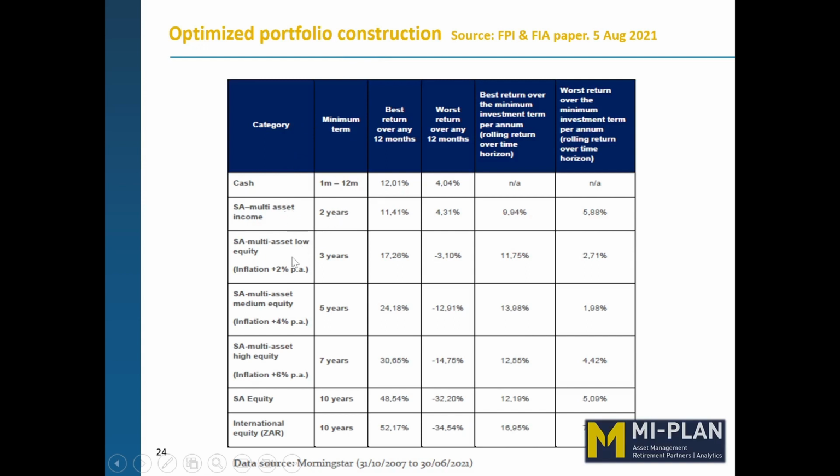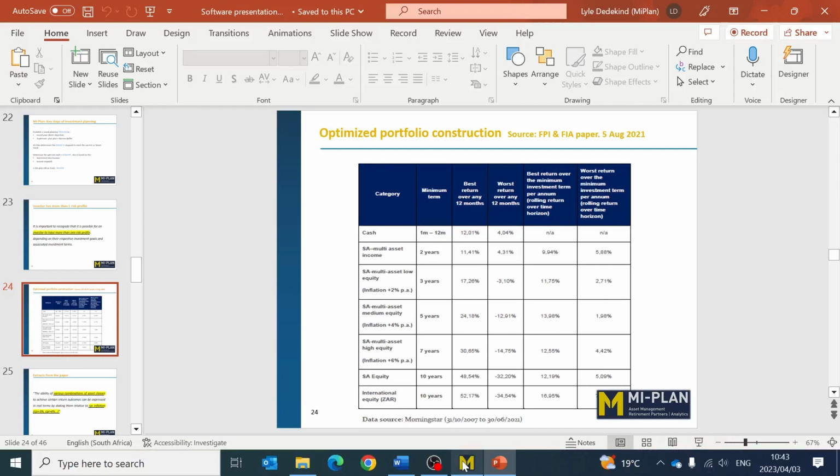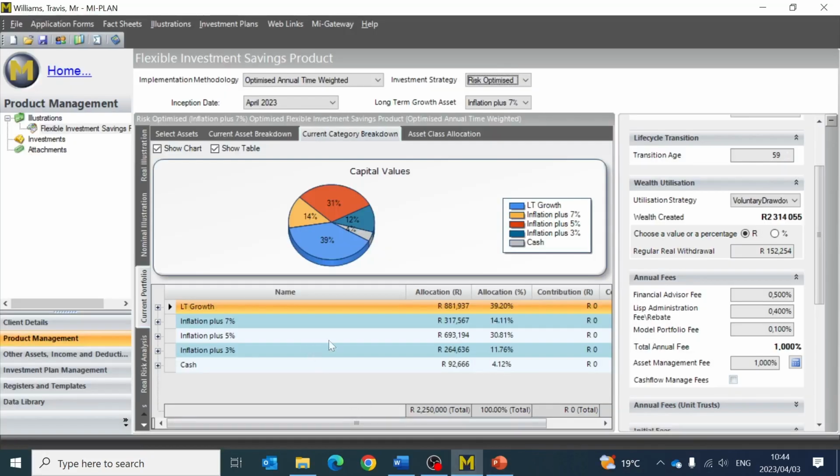Money that he's going to need in 3 to 5 years' time, you're going to go there for your CISA low equity category, multi-asset medium equity category, and so on. So the MiPlan software is very much in line with what is recommended by the FPI. Right, so there you can see the closer you are towards needing an income, the more money is going to be allocated into conservative categories.